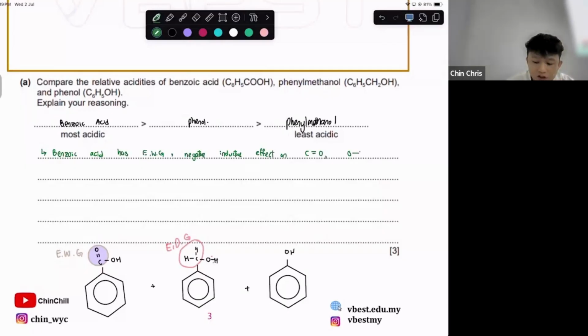Which means your OH group is weakened or strengthened? Weakened. Right. So the OH bond is weakened, which means H+ is easily donated, right?